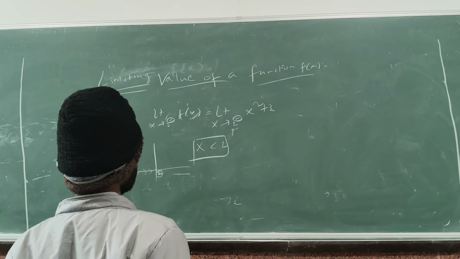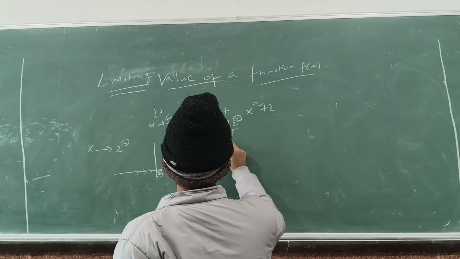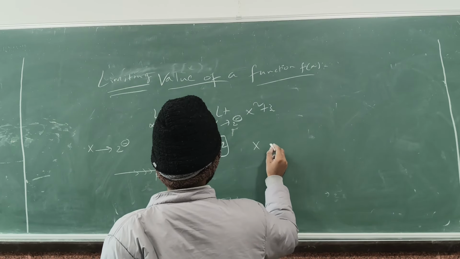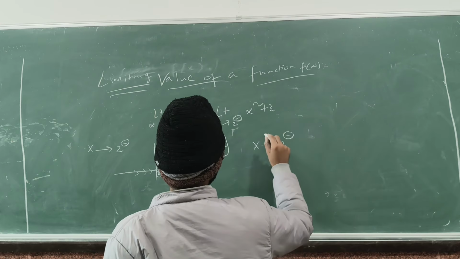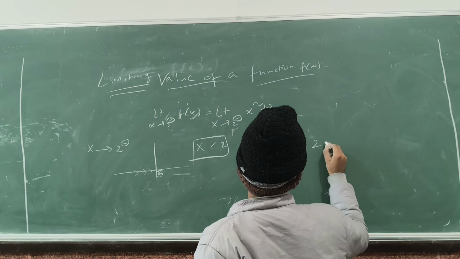So we introduce a new quantity. x equals 2 minus is replaced by 2 minus h.